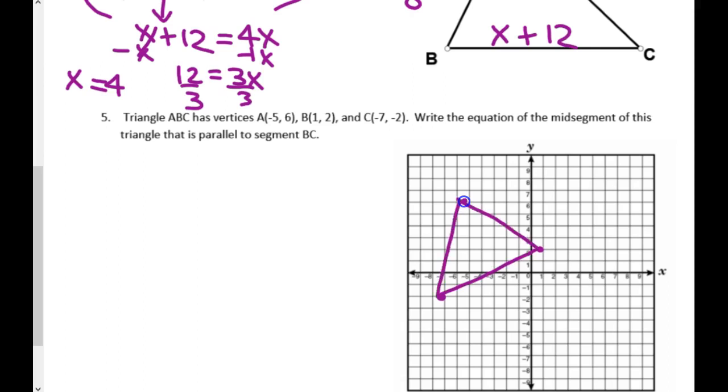And then for the mid-segment, I need to find the midpoints parallel to BC. We're just going to plot the midpoints and connect them. So 1, 2, 3, 4, 5, 6. Half of 6 is 3. Go up, put a point. And then 1/2 of that straight up. Okay, mine looks terrible. But you should be able to connect the midpoints to make your mid-segment.